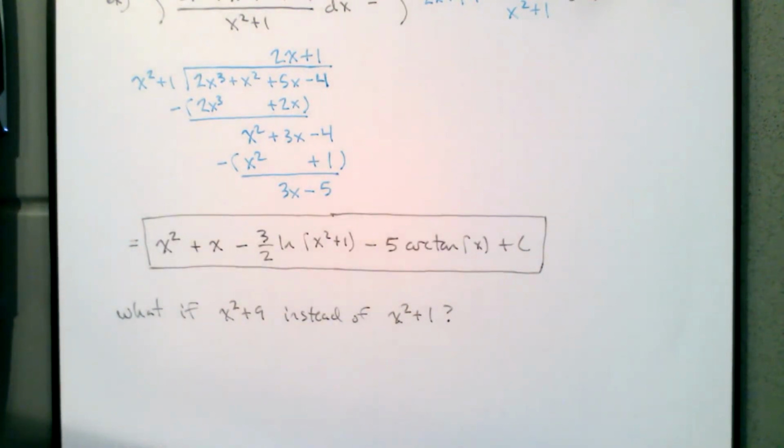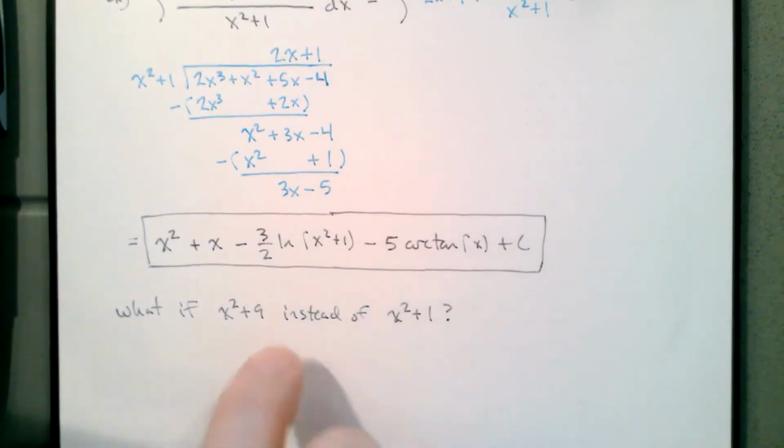So what if we have an x squared plus 9 instead of an x squared plus 1? Or in general, what if it's x squared plus a squared? I'm going to cheat a little bit and say it's better if this is a perfect square. But we're going to want to see that show up in our calculations.